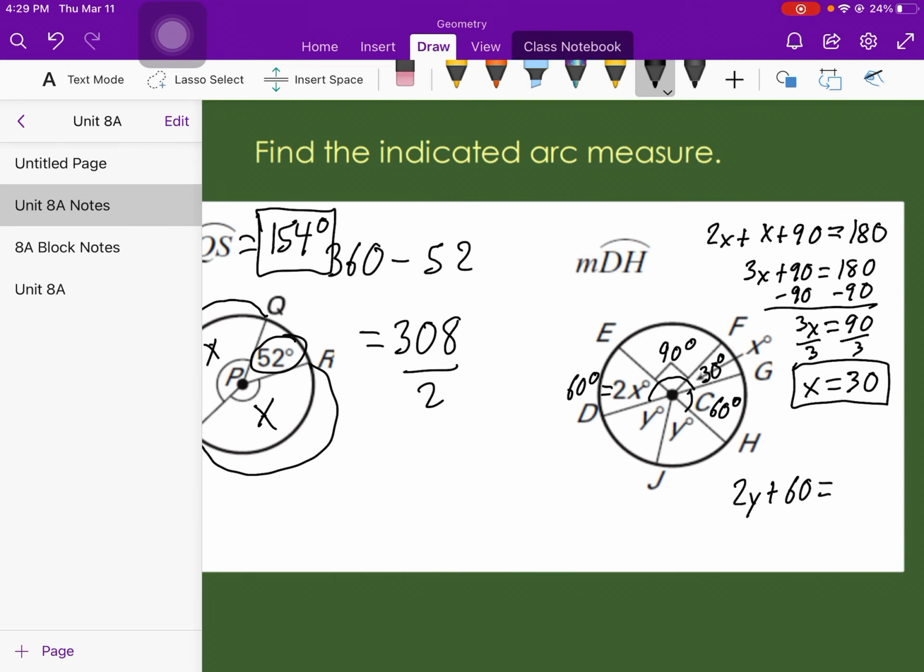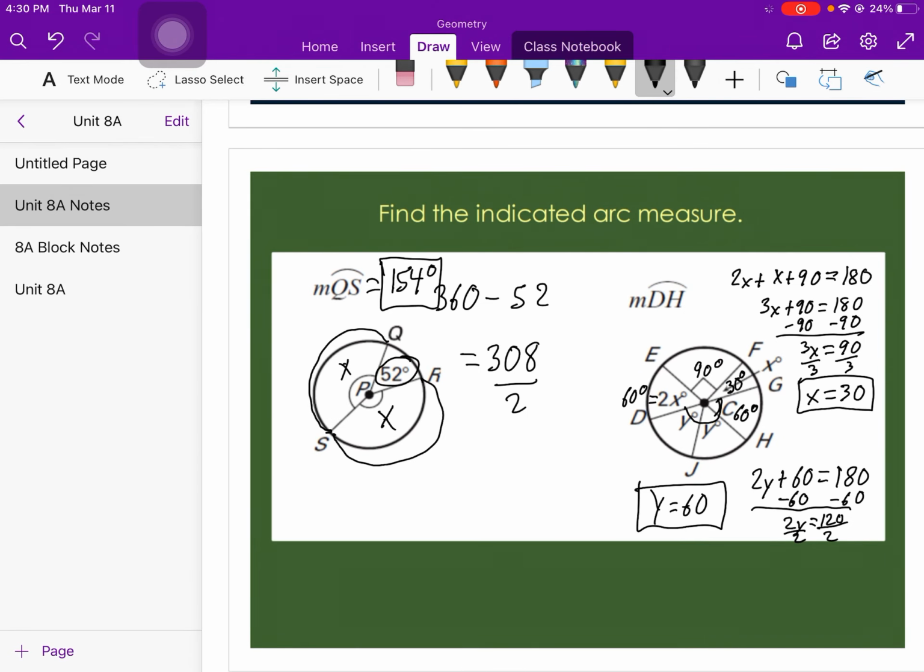If you add the y's together, this is going to be half the circle right here. And that should be 180. So we subtract 60. 2y equals 120. Divide by 2. And we get y equals 60 to get both of our answers.